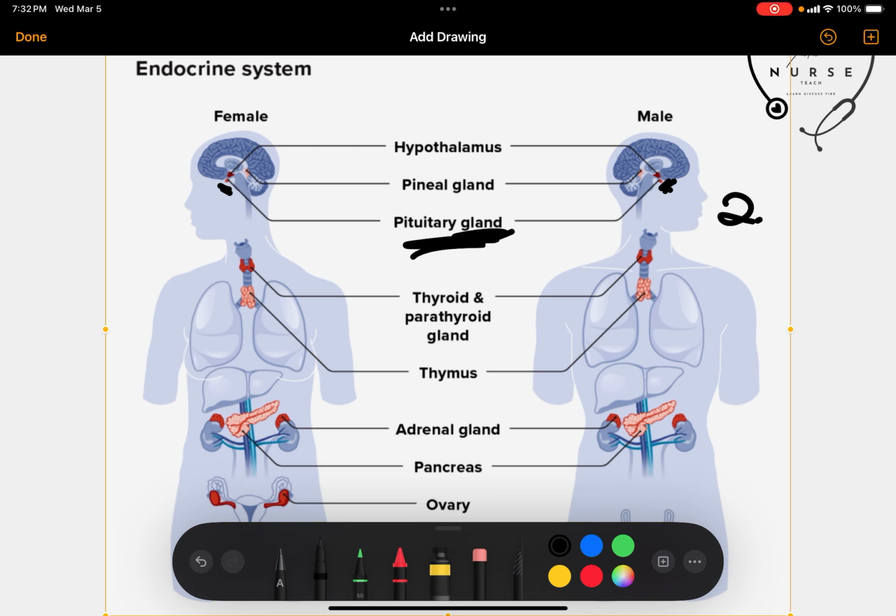The pineal gland, as you can see, a little tiny pineal gland there. The pineal gland is located more so into the brain. It is composed of photoreceptors, and the reason being is that the primary function is to secrete the hormone melatonin. So we know that melatonin is going to be released in an increased amount from the pineal gland when it's exposed to dark.